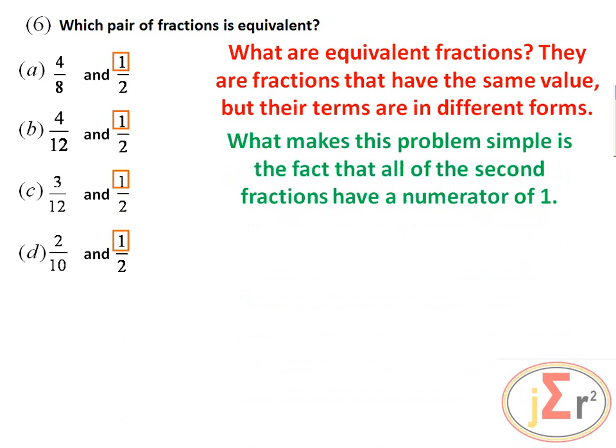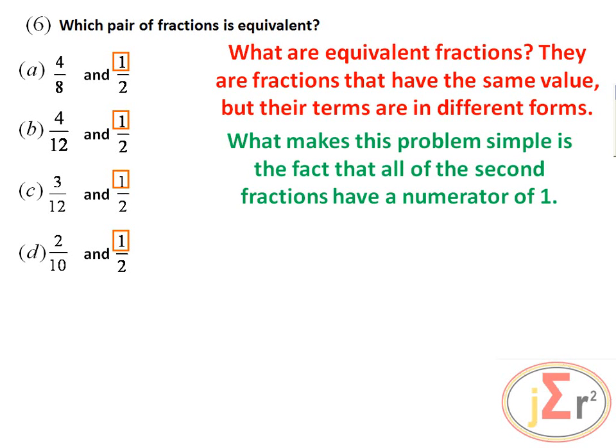What makes this problem simple is that all of the second fractions have a numerator of 1. Jerry figured that out already, but we are going to demonstrate by calculations and manipulations how we may arrive at our conclusion.